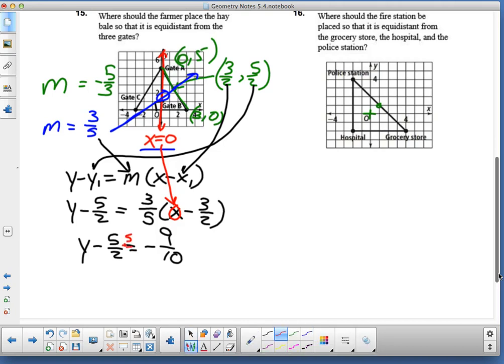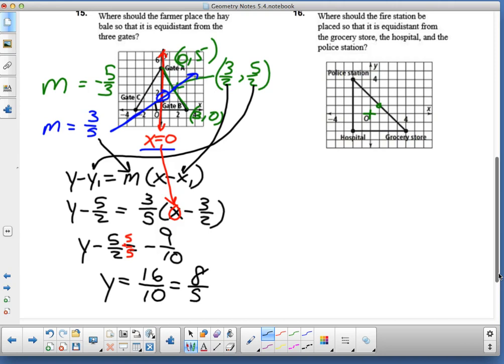That changes my 2 to tenths, so 25/10 and 5/2 are the same value. So I'm really adding 25/10 to both sides, excuse me. When I get done, 25 plus -9 is 16/10, which is the same as 8/5.